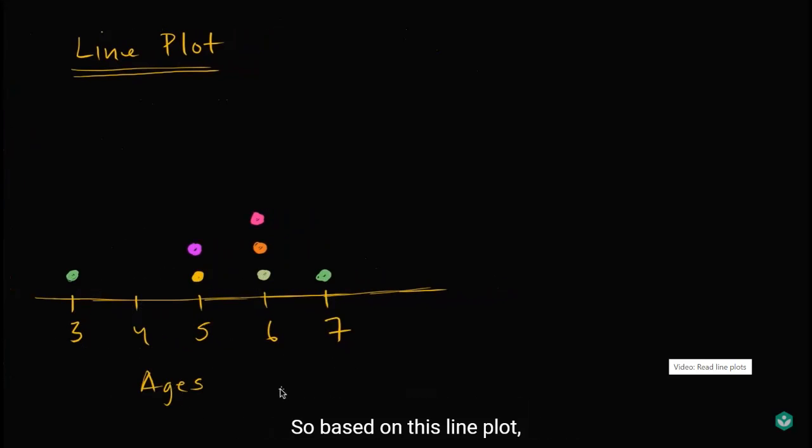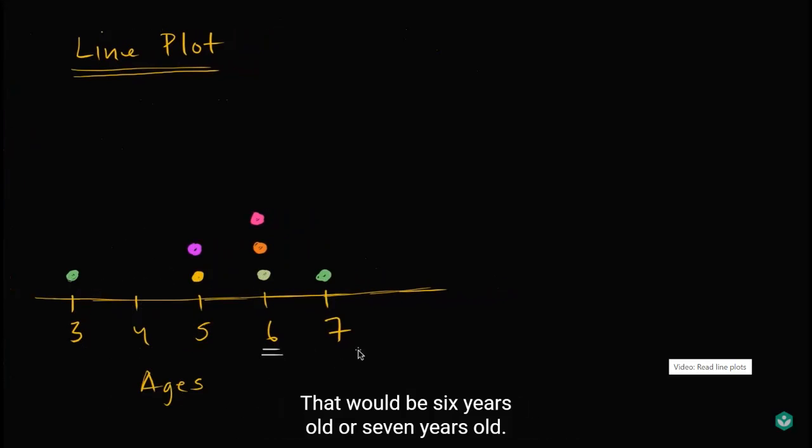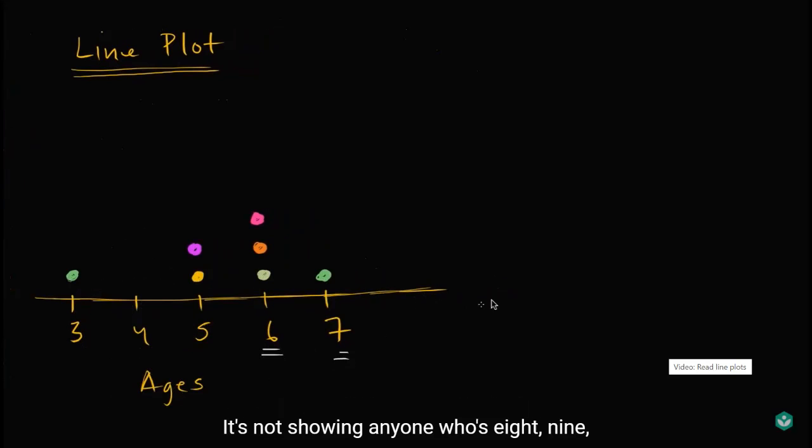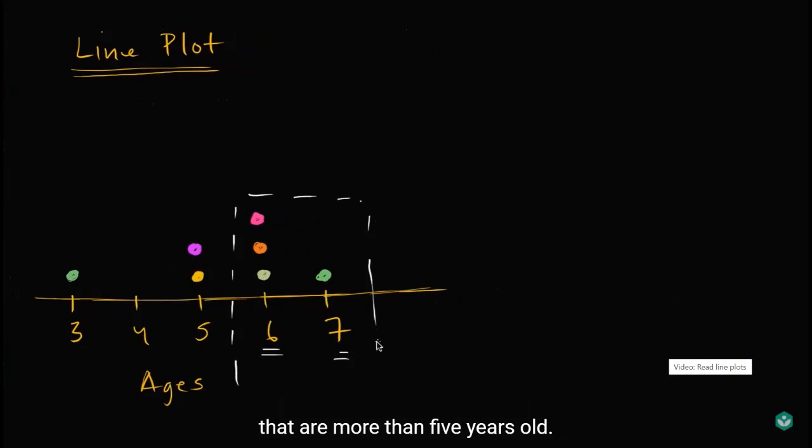So based on this line plot, how many people are more than 5 years old? Well, more than 5 years old would be 6 years old or 7 years old. It's not showing anyone who's 8, 9, 10, 11, and on and on. So let's look at all the dots here that are more than 5 years old. There are 3 6-year-olds and there's 1 7-year-old.